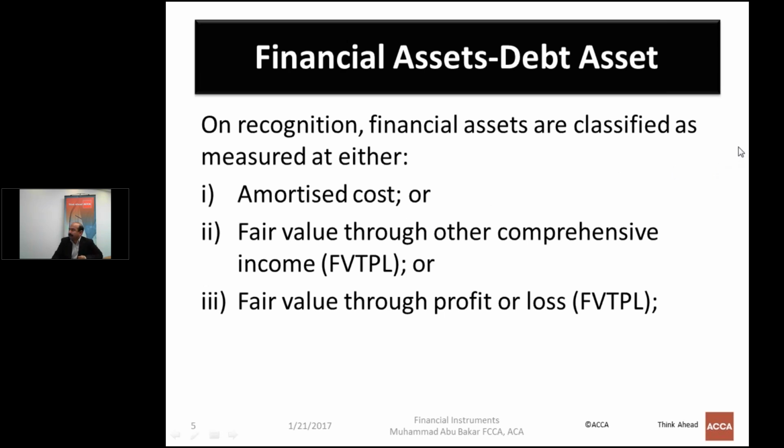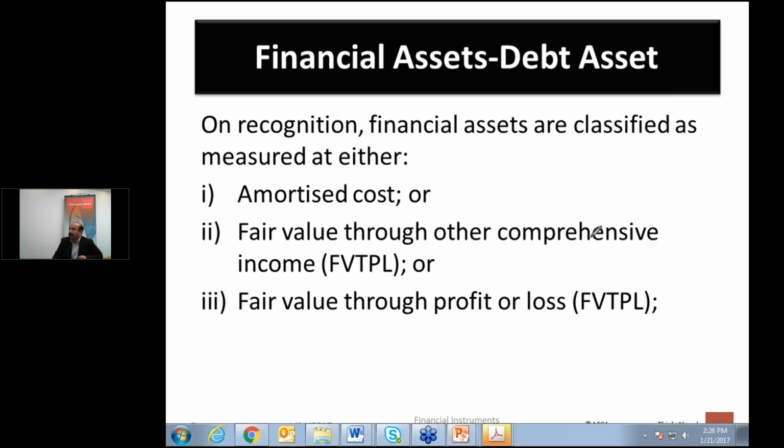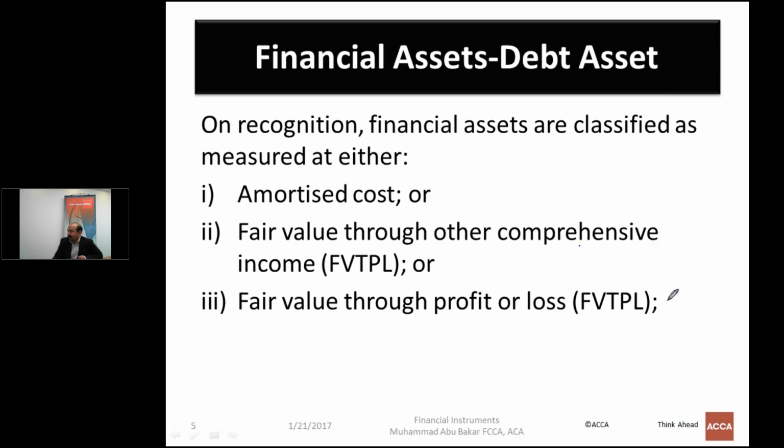See, amortized cost, please note this very important point. This is the default position. Any debt asset will have to be initially recognized at fair value through profit and loss. But these are conditionals. If certain conditions are there, only then you can measure your debt asset at amortized cost or fair value through other comprehensive income.